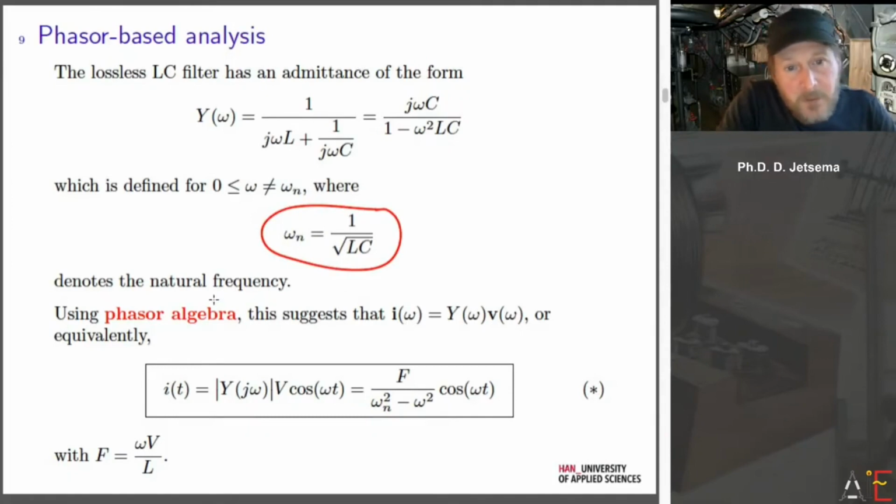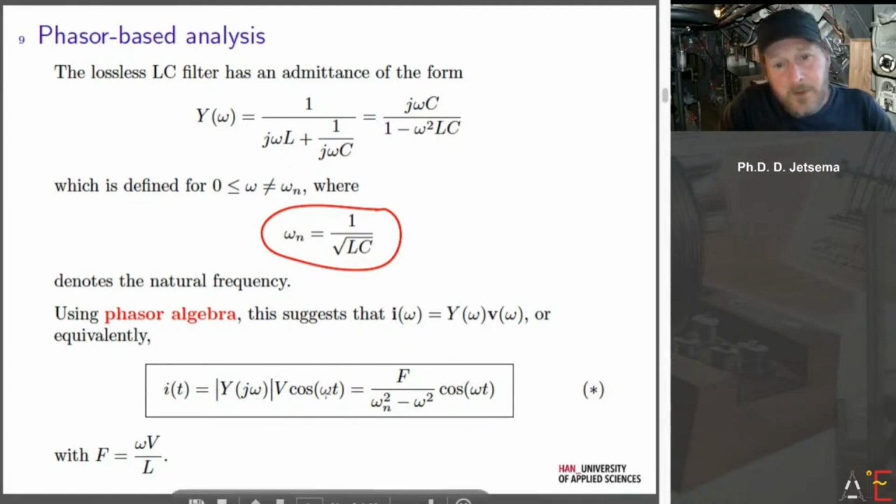If you use phasor algebra, and I wrote it down here in terms of rotating phasors, and by the way, I copied this from the paper, where we used V for voltage. In the other presentations we used U, but what's in a name? So this is voltage. Then if you compute this in the phasor domain and transform it back to the time domain in terms of sines and cosines, this will be the result. And there you indeed see that this is figure A.